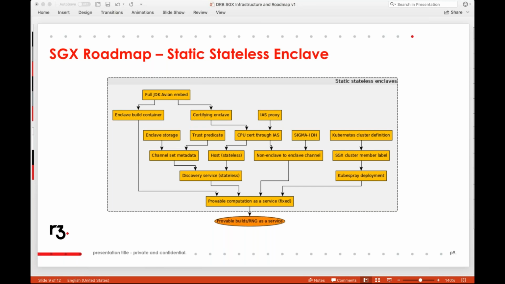Yes, it's not easy. So first, we could do something like the nodes that don't have access to SGX just check the SGX signatures and trust it.